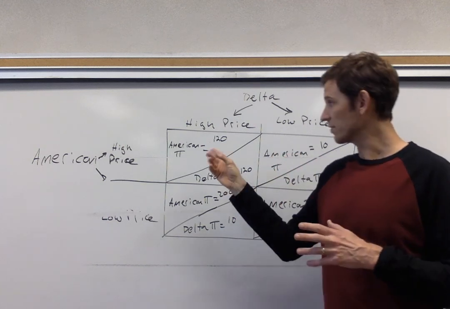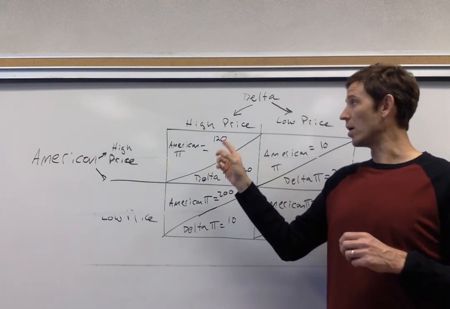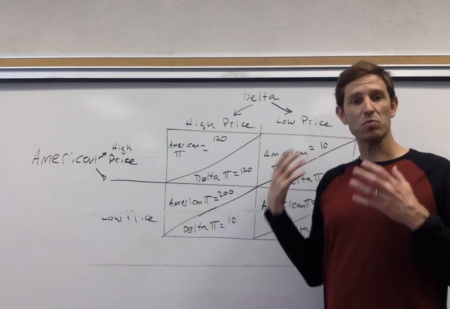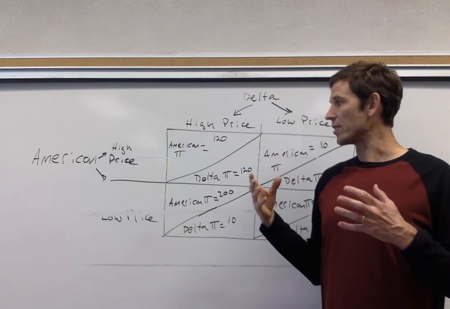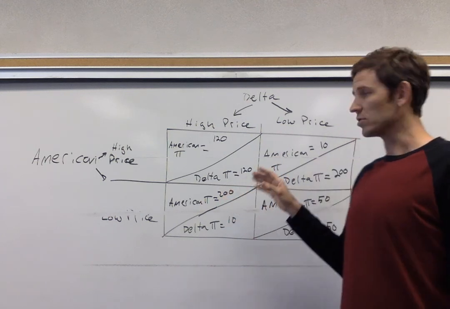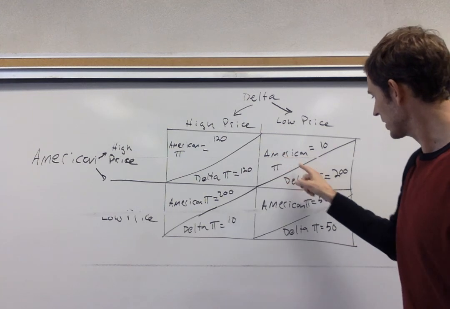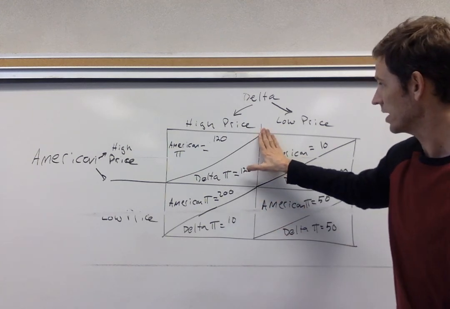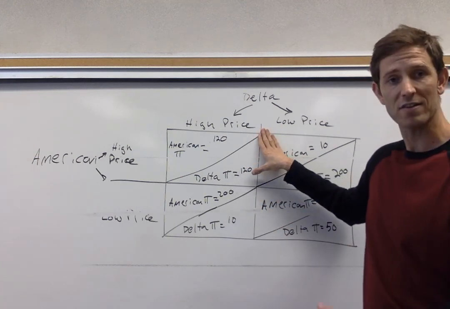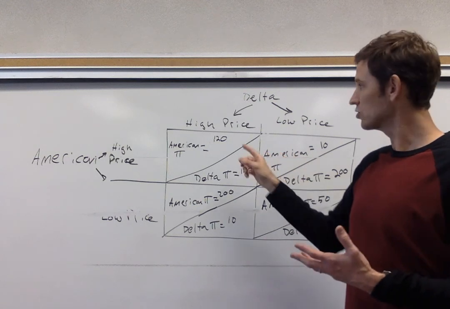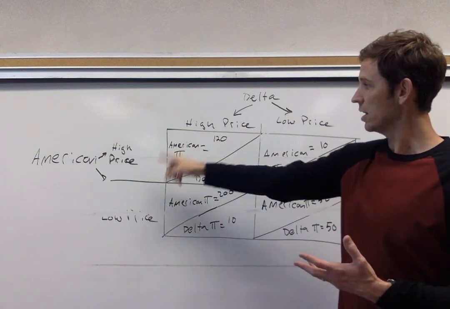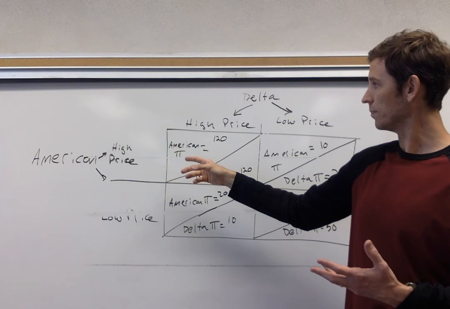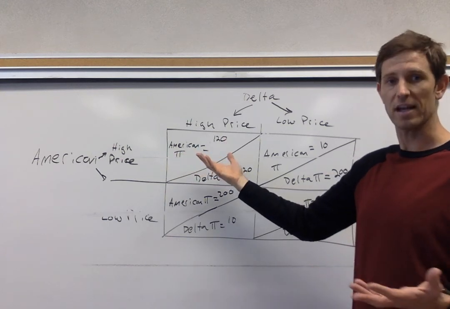The profit that each firm is going to get is going to depend upon which choice they made, as well as the choice that their competitor made. So straight away, if you want to understand what these little boxes mean, right, they correspond with the profits that each firm is going to get, assuming that they decided according to the setup of the table, right?